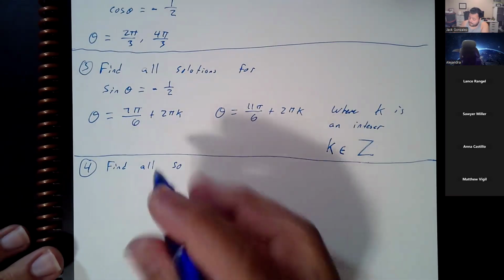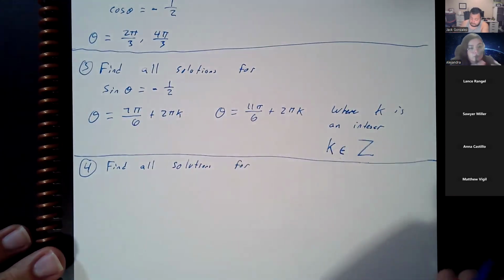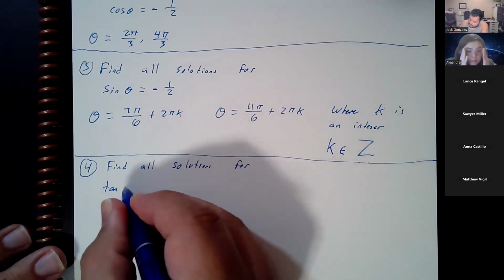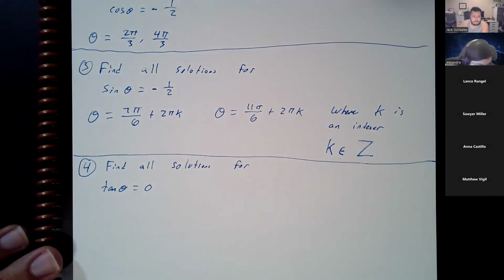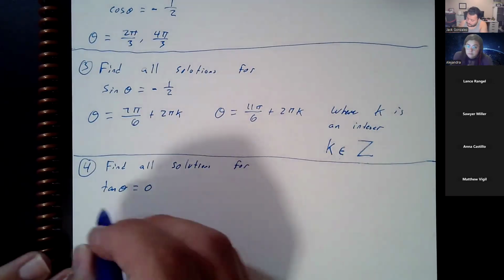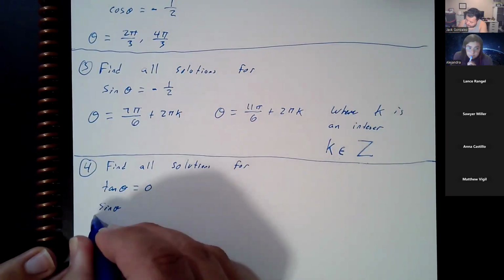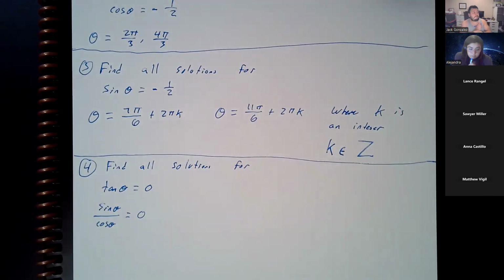Okay, find all solutions for tangent theta equal to 0. All right. So where is tangent equal to 0? Remember, tangent is the same as sine over cosine.